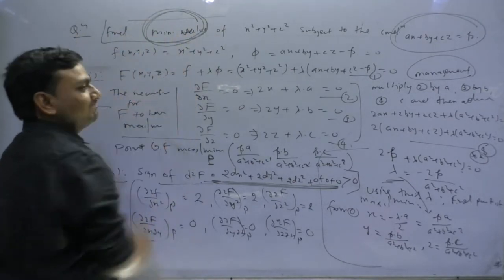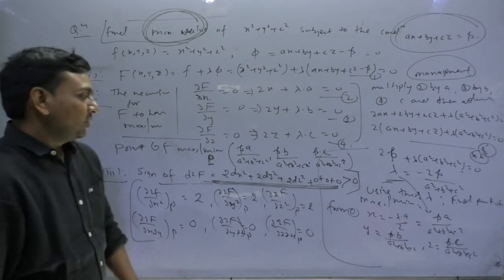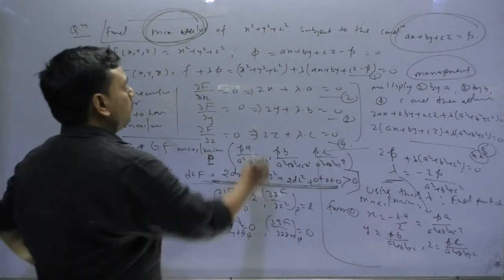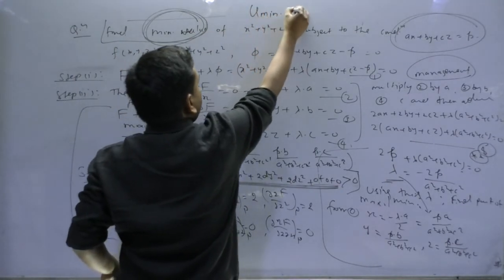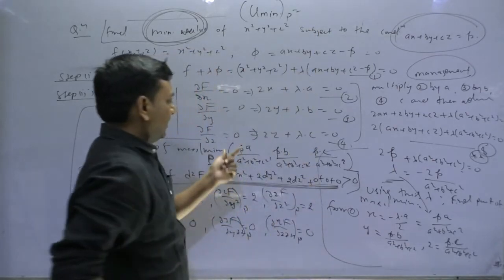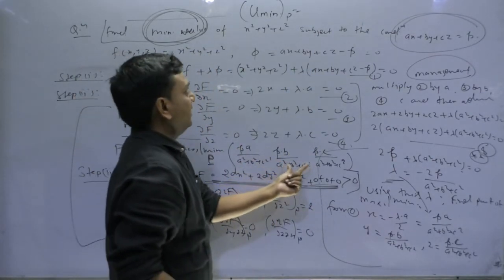Check it out. So what is the minimum value they asked? Now we will give the final answer. U minimum at the point P, what will it become? In place of x put this, in place of y this, and this.